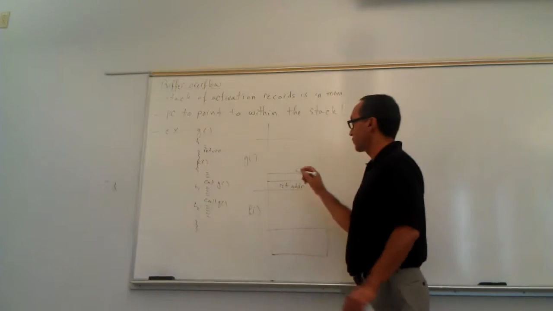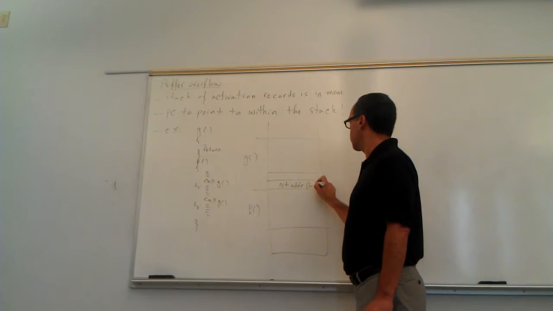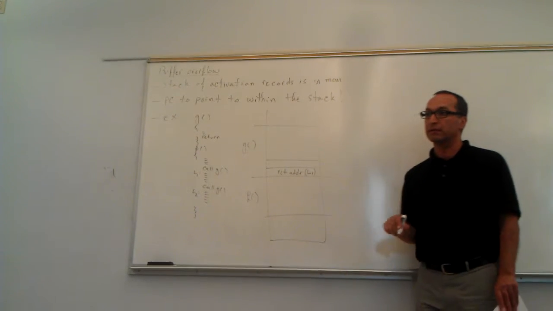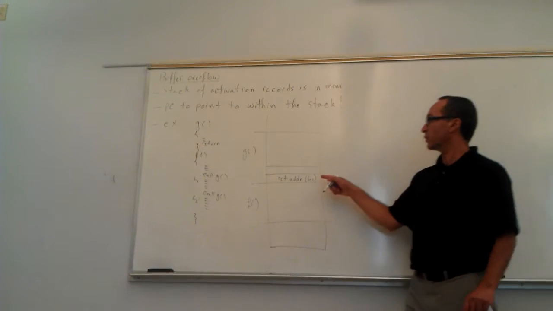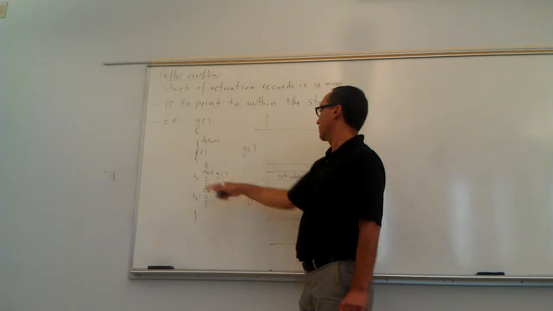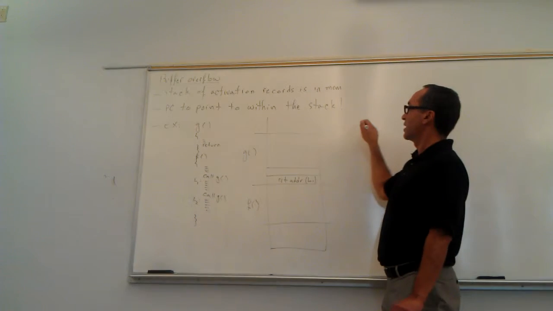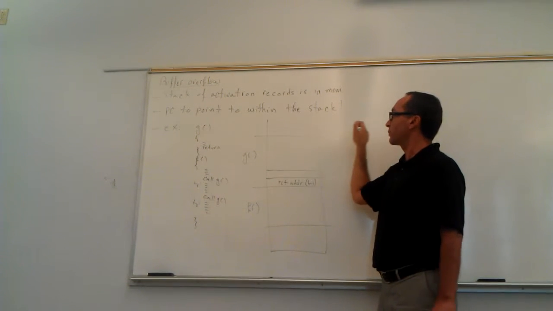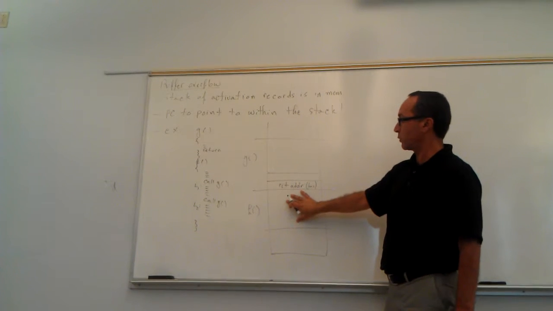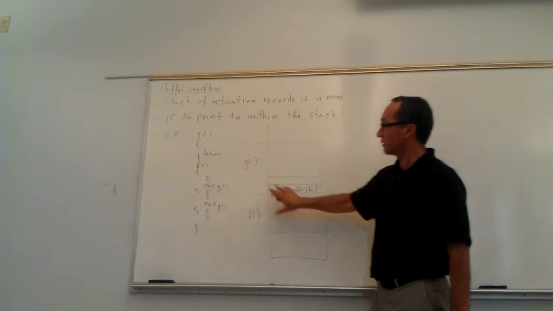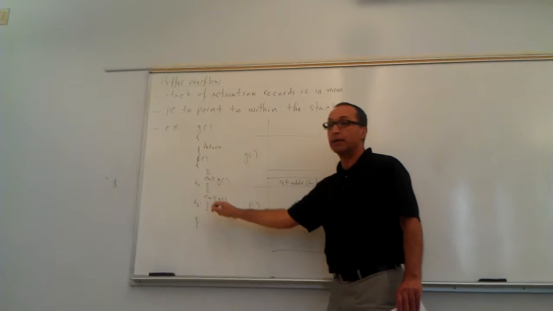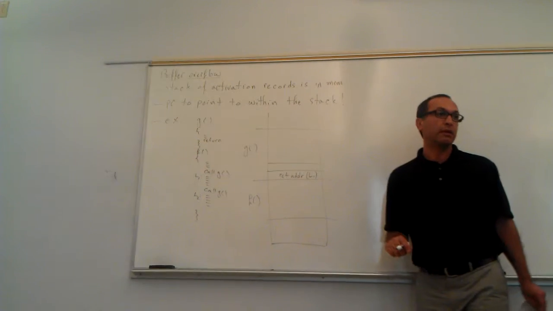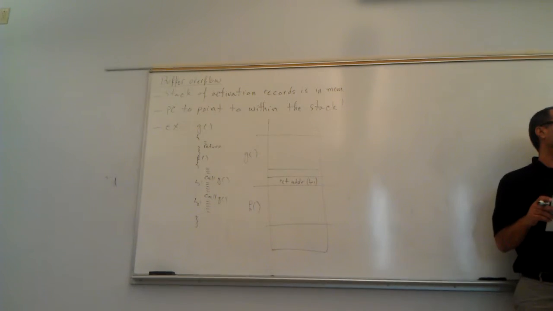Let's say it's the very first call, so that return address would be L1, right? When g terminates, we want to go to L1 and execute there. When g terminates, this activation record will be popped off the stack. This one will become active, which is what we want, right? f. And we want to execute starting from L1 on, right? Isn't that the picture that you have in mind as well?